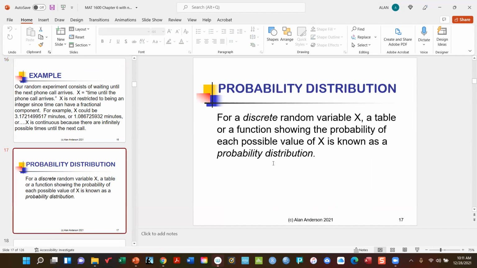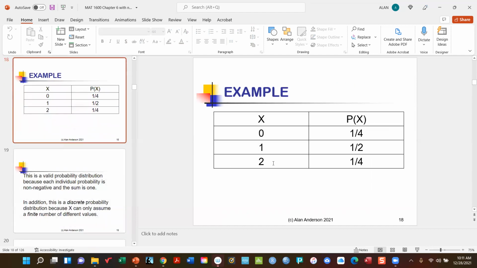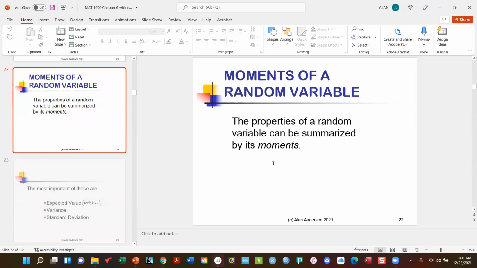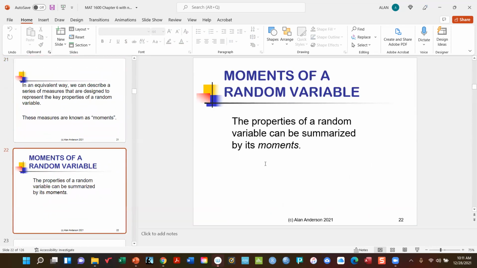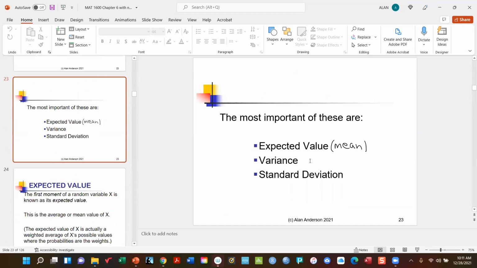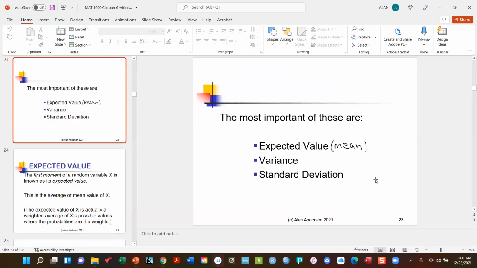And so what we did here was, well, first, we introduced moments, which are summary measures that describe the key properties of a random variable. These are perfectly comparable to the measures that we saw in chapter 3. For example, here we're focusing our attention on the expected value or mean, the variance, and the standard deviation.